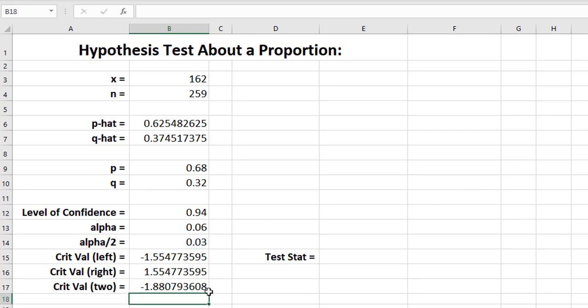And now we have our critical value for a two-tail, but remember, even though this test was not a two-tailed test, just remember that it will be both the positive and negative value.